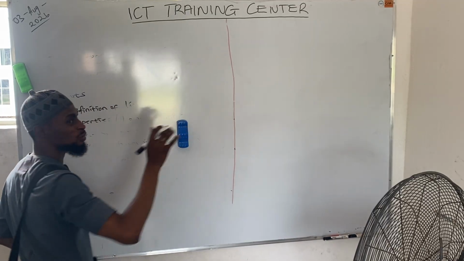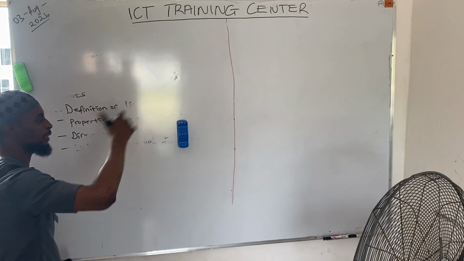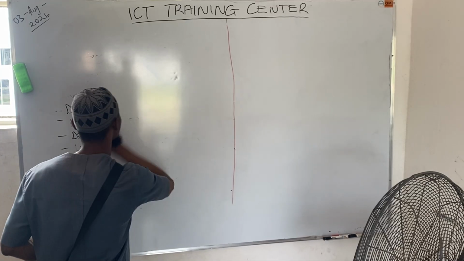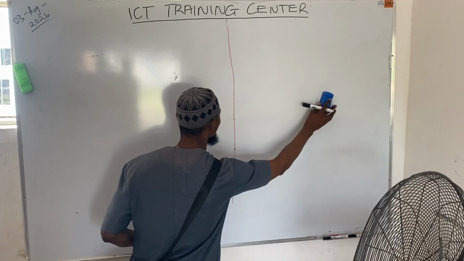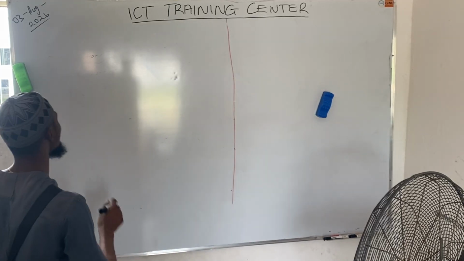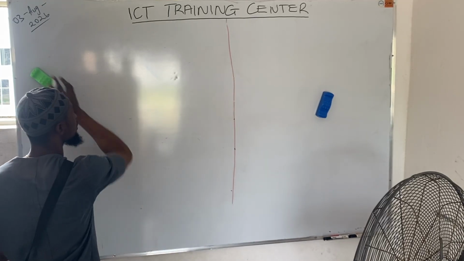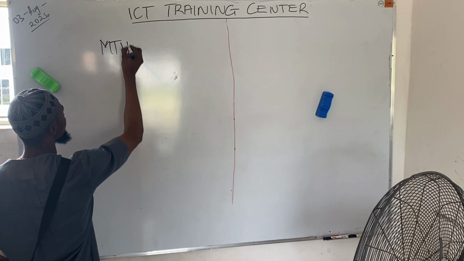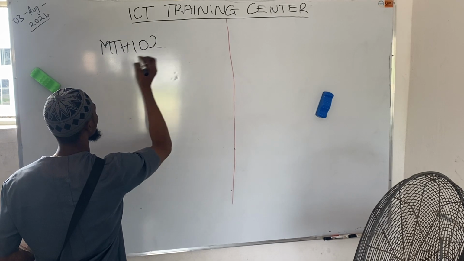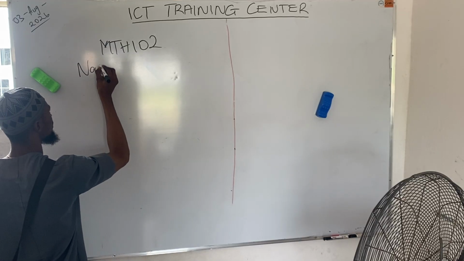So please write with me so that I can wipe the board and move to the other side of the screen, alright? So let me draw this one here. What we're going to be talking about is Math 102, National Open University, right?